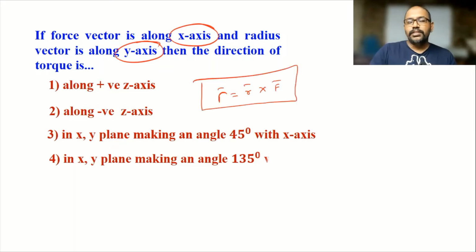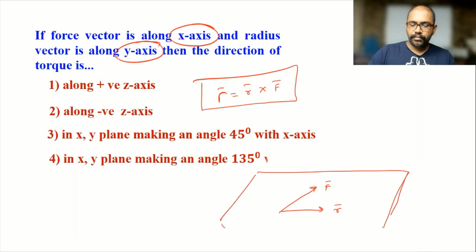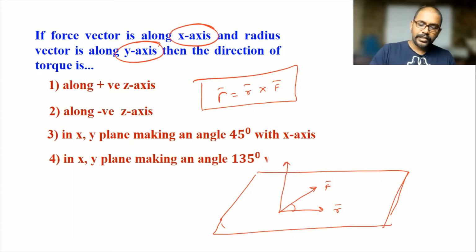The significance of this formula is: if this is R bar and this is F bar, and both are lying in the same plane, then the torque is in a direction perpendicular to the plane containing R and F. So this is the direction of the torque.